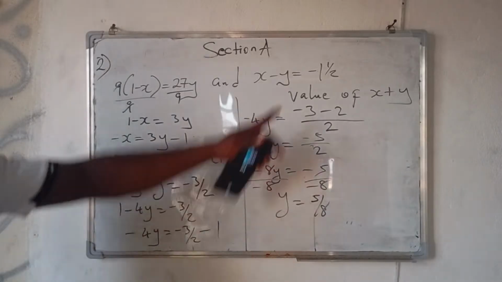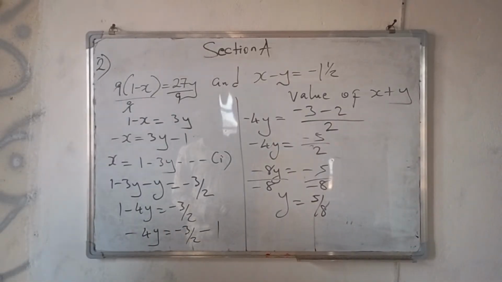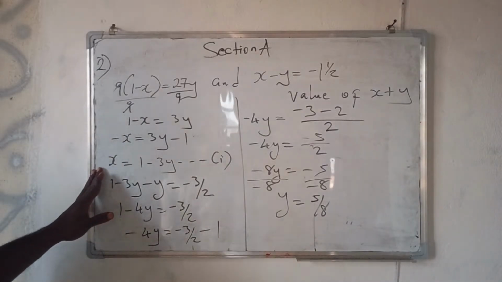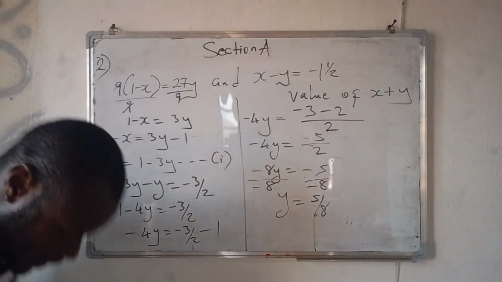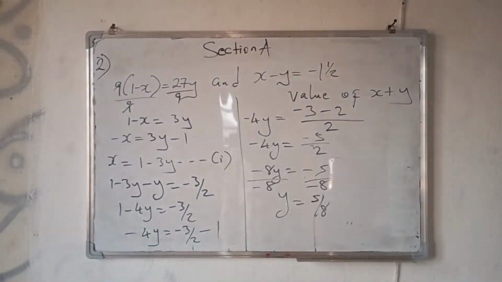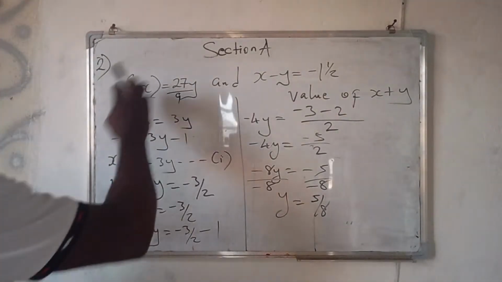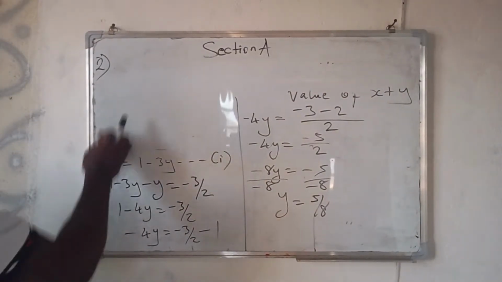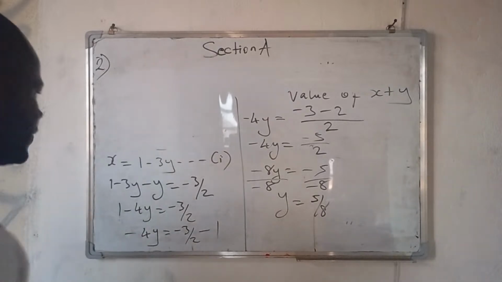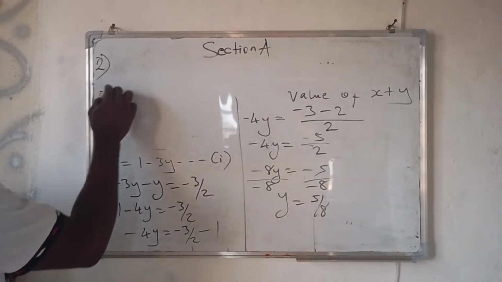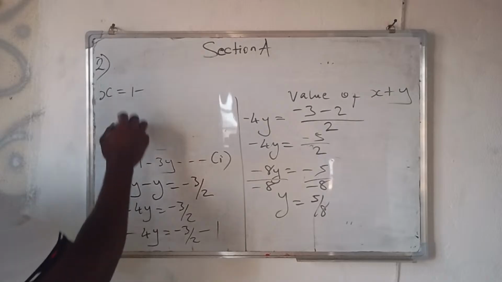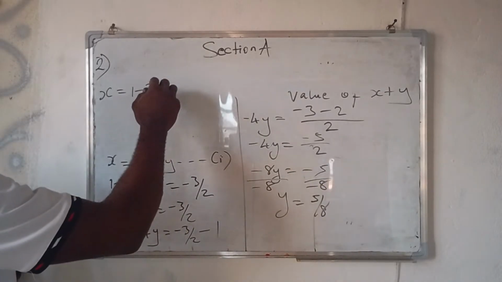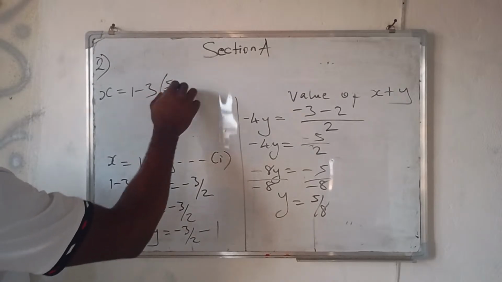Then we'll now look for the value of x. Of course, we can use this equation, since we can substitute for y in this equation, looking for the value of x. The value of x will now give us x is equal to 1 minus 3 times 5 over 8.